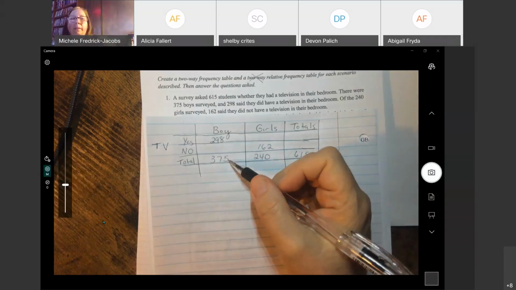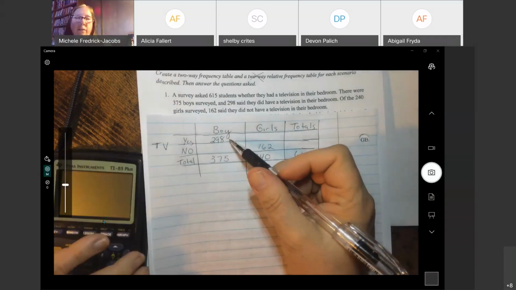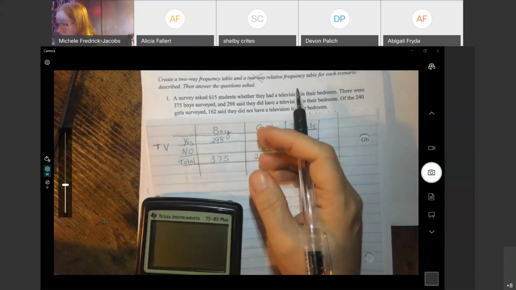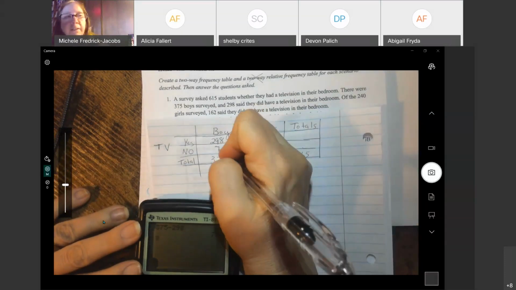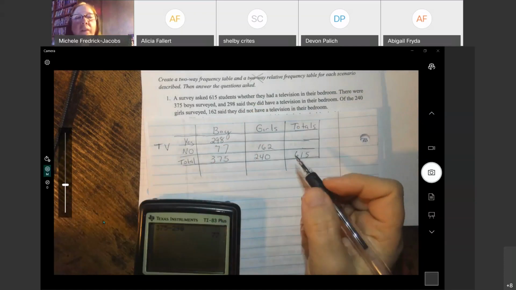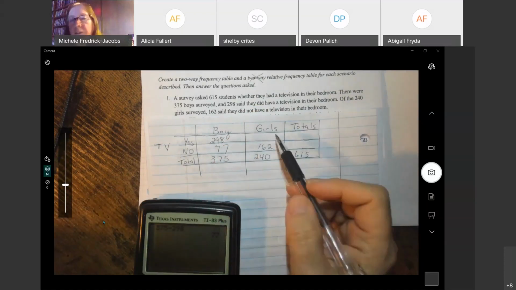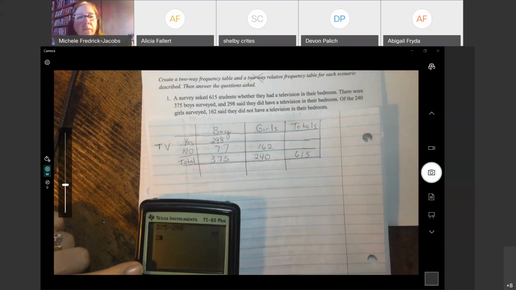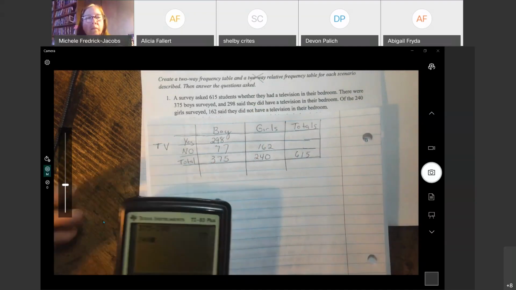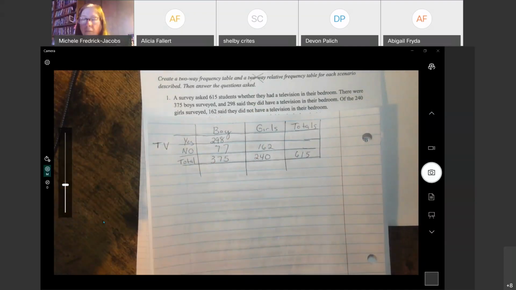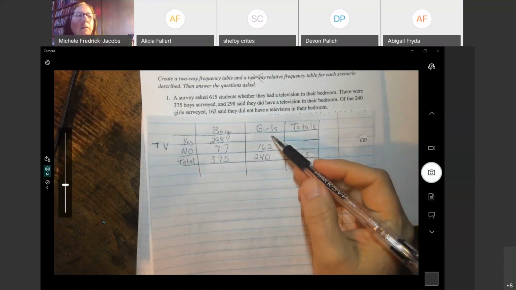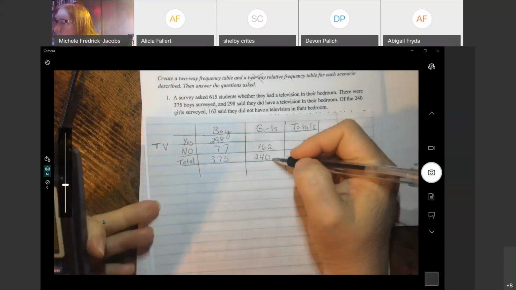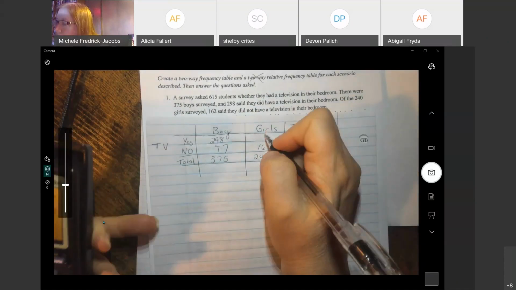I'm going to take 375 minus 298. Getting 77? Yep. Okay, how many girls have a television? What number should go here? So we take 240 minus 162, we get 78.